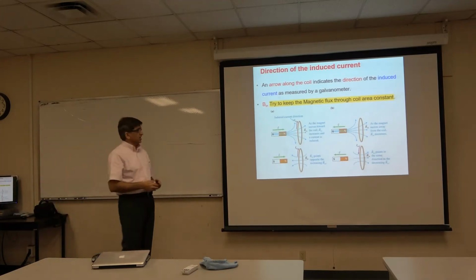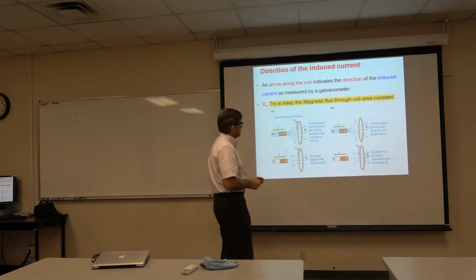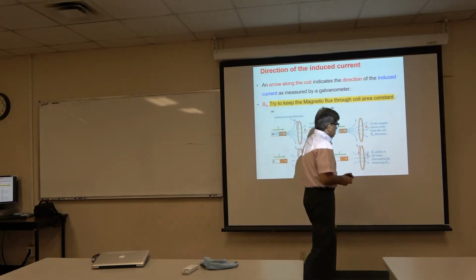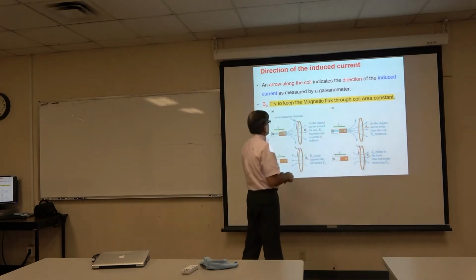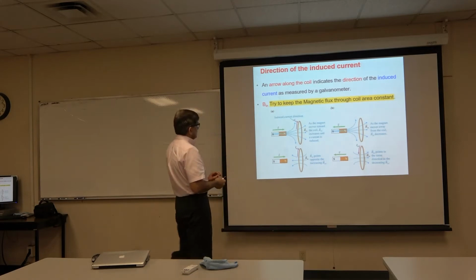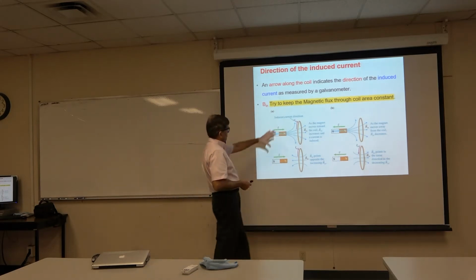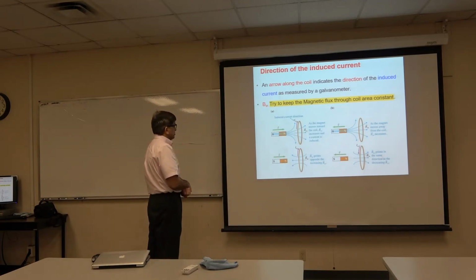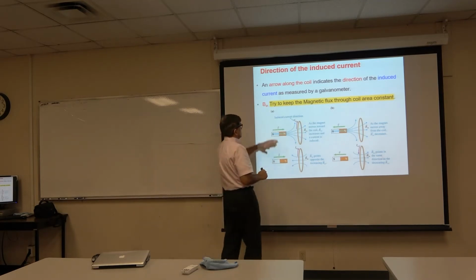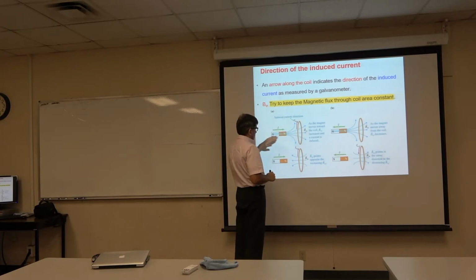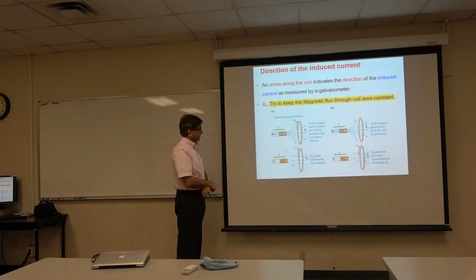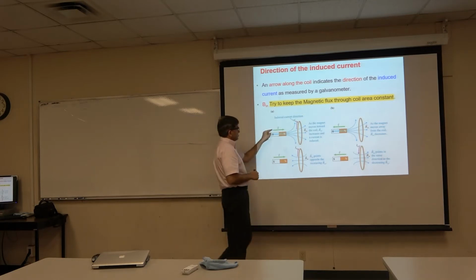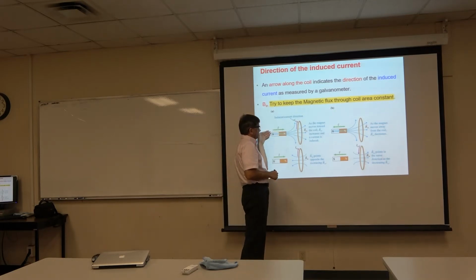Now here let's try to find out the direction of the induced current. If I look at this picture on the left hand side, in the top picture, what I see is the magnet moving towards the conducting coil. This V is the velocity of the motion of the magnet.